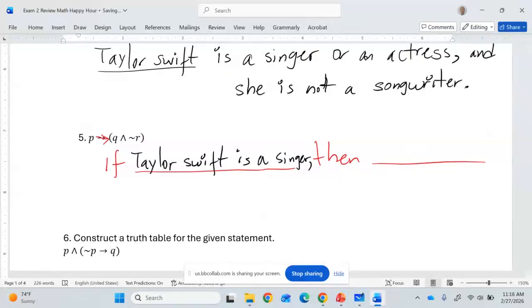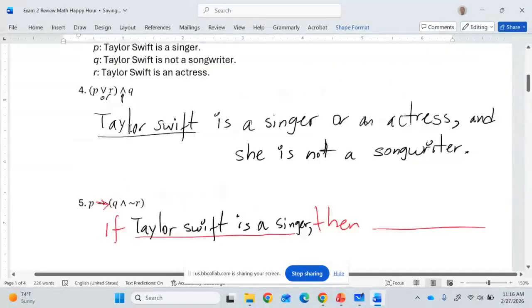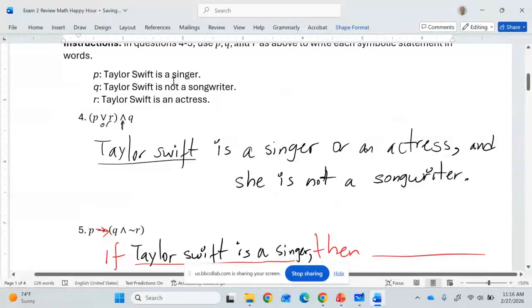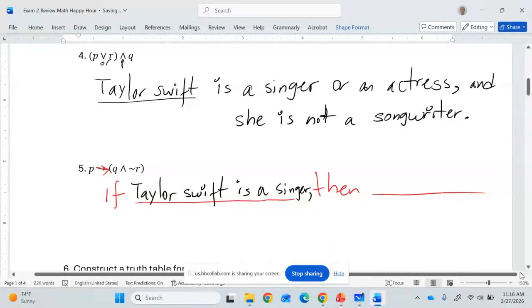So if Taylor Swift is a singer, comma, then, and then the next part, which is Q and not R. So Q means that she's not a songwriter, and the opposite of R would be she's not an actress. So I'm going to put all that together.